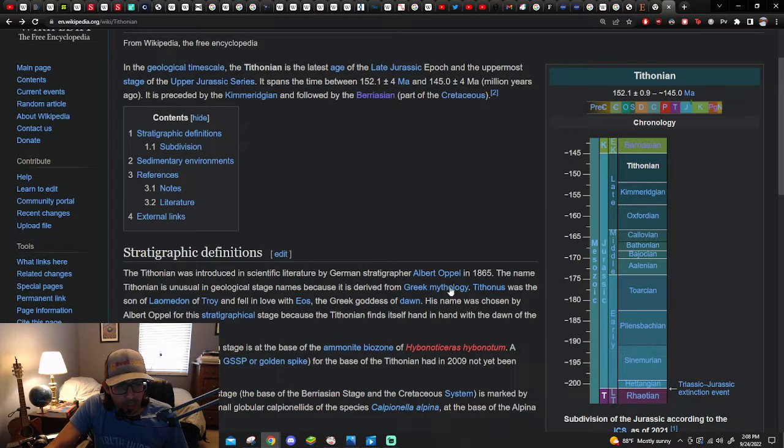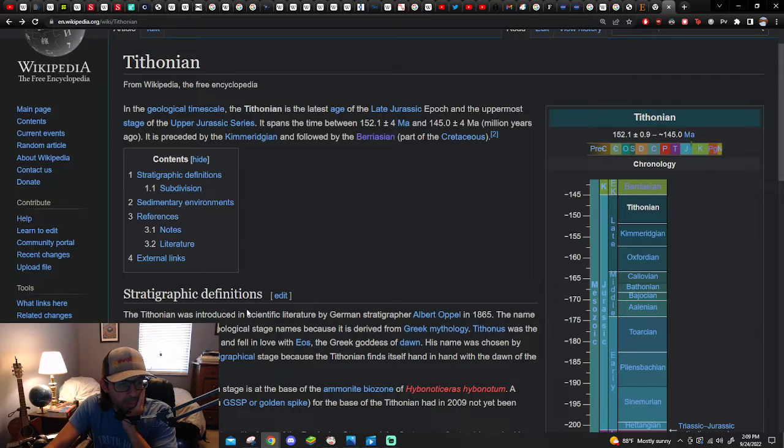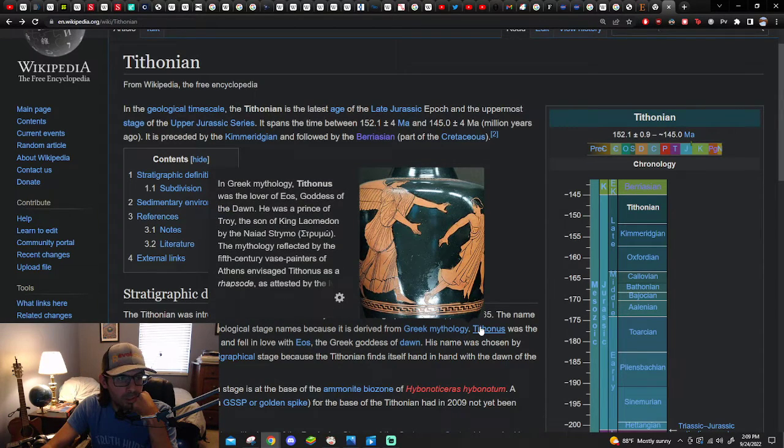That's interesting. I'm seeing here Greek mythology tied to this specifically. Was introduced. The name is unusual in geological stage names because it's derived from Greek mythology. That's very interesting. Tithonus was the lover of Eos, goddess of the dawn. He was a prince of Troy.